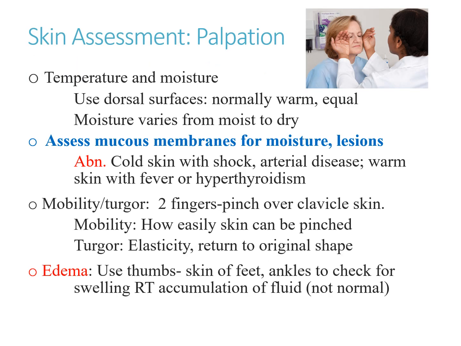When you're palpating for temperature and moisture, like we talked about earlier, you're going to use the dorsal surfaces, like the backs of your hands. That skin should be warm and equal. You may have some areas that are a little more moist than others, but we want them to be clean, dry, and intact.